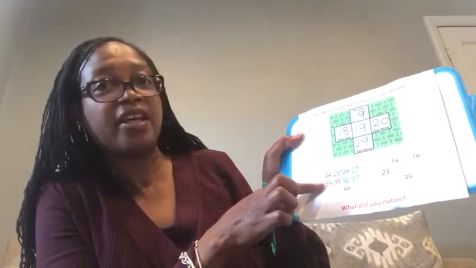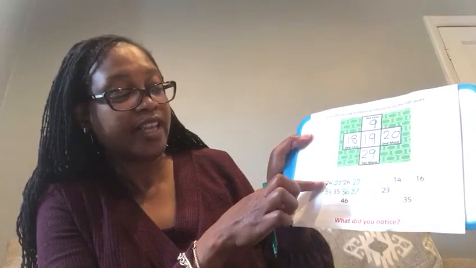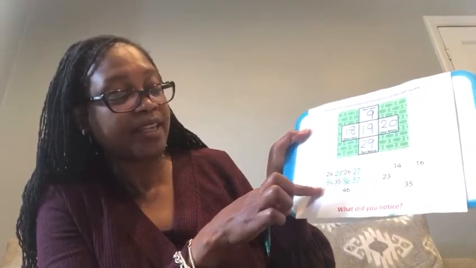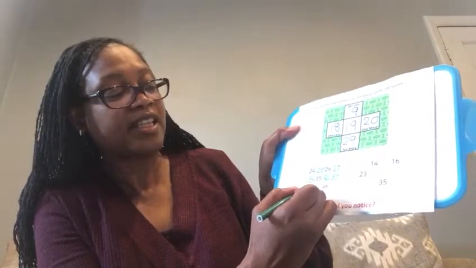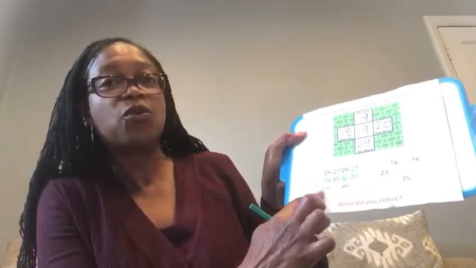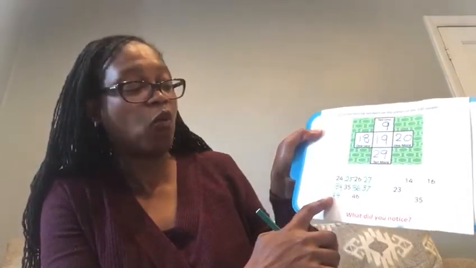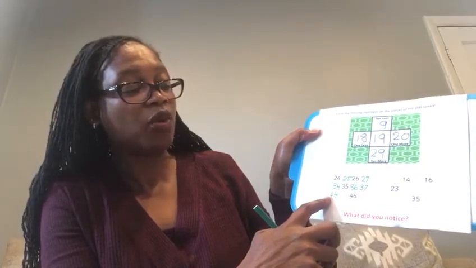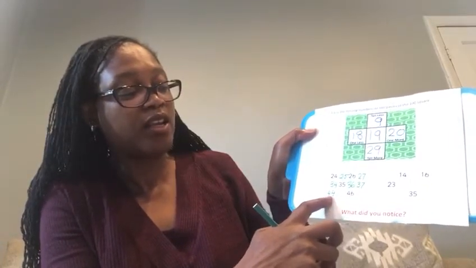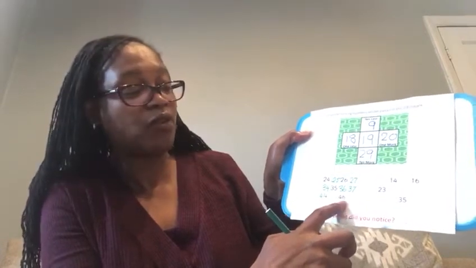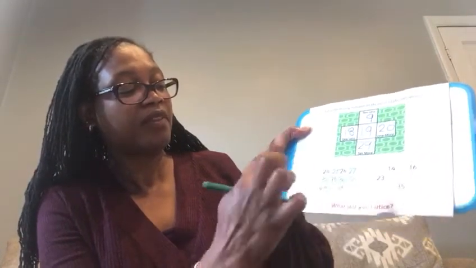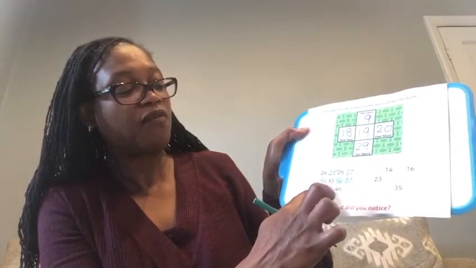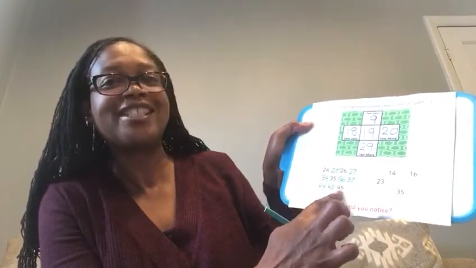24, 34. So we know that the tens are increasing by 10 each time. The ones stay the same. 44. Now we're looking at one more than 45. What number comes in between 44 and 46? 45. 44, 45, 46.